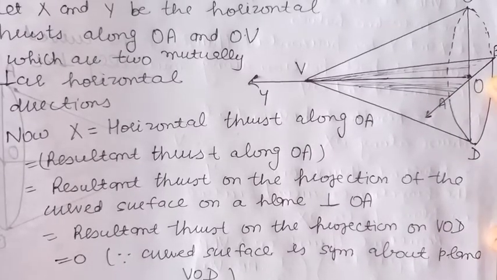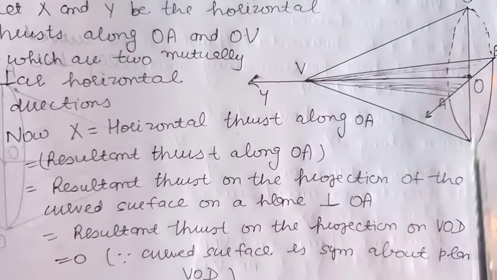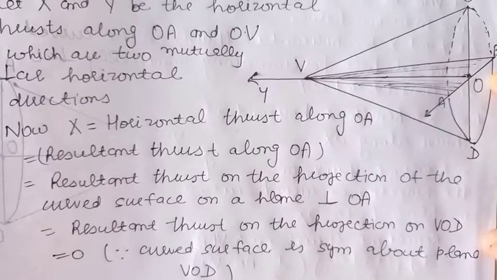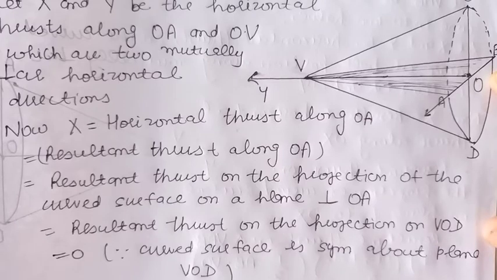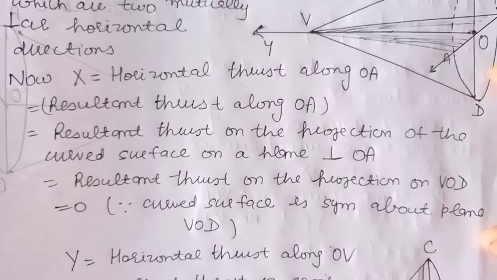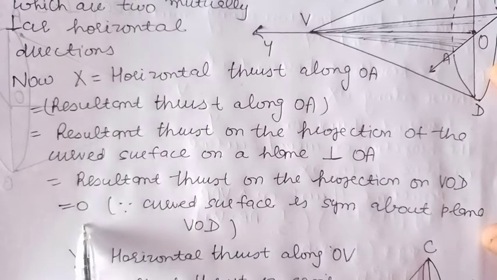It means this is the resultant thrust on the projection on the plane VOD. Because the curved surface is symmetric about the plane VOD, the resultant thrust on the curved surface becomes 0 in this case.